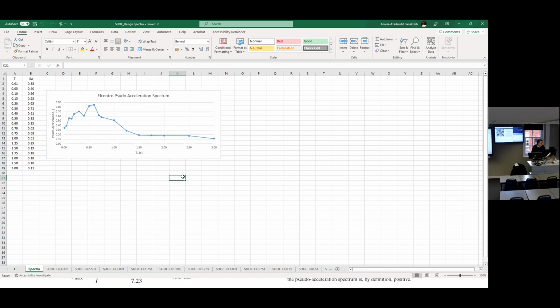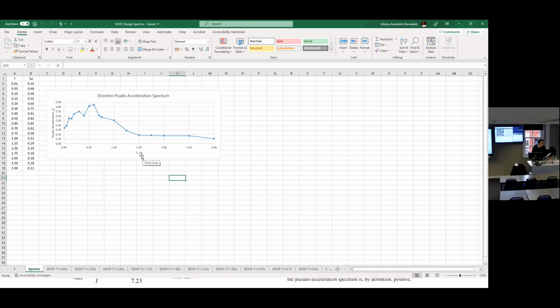This is my Excel. This is the spectral acceleration for the El Centro earthquake. We calculated it for El Centro. 1.59, it's somewhere here, isn't it? Right? Somewhere here. Something a little bit less than 0.2 g, right?